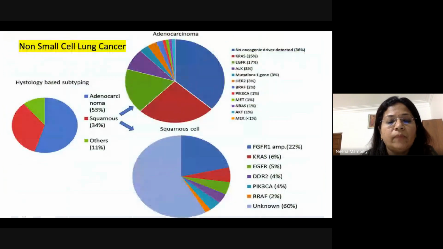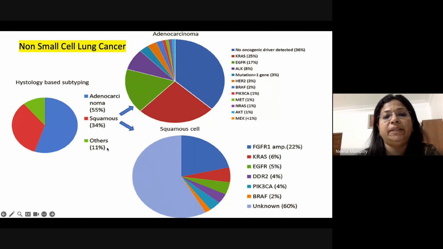So if you look at non-small cell lung cancer, we have a histology-based subtyping into adenocarcinoma, squamous cell carcinoma, and the not otherwise specified category. And in the adenocarcinoma, you have the spectrum of mutations. We all know the KRAS, EGFR, ALK, and so on. And the squamous cell carcinomas, most of them, it's unknown.